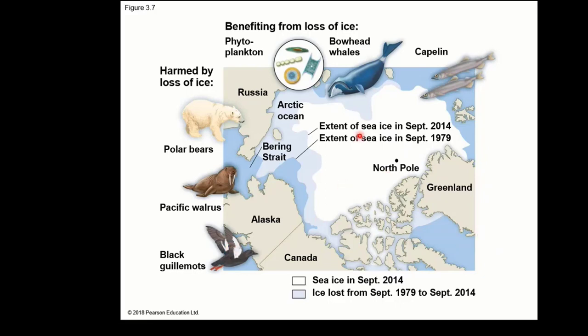So there are also benefits from loss of ice, where if you can see phytoplankton, we'll see bowhead whales. These are just the structures and the extent of the sea ice in September 2014, compared to the extent in September 1979.